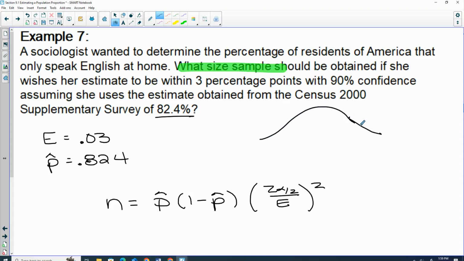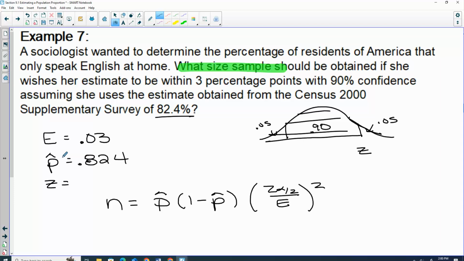In fact, we've already done this one today. 90% confidence. That means I need the middle 90%. So how much is left for each end? We need this z here so that 95% falls below it.